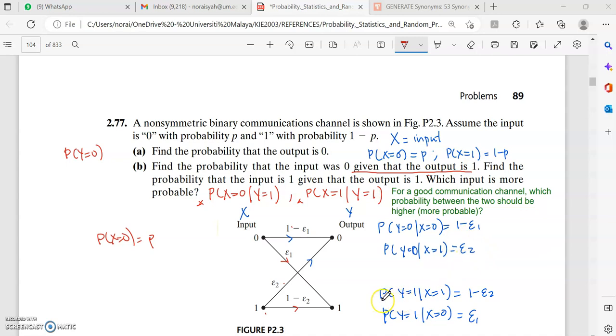Similarly, the probability that you receive 1 given that you send a 1 is 1 minus epsilon 2, and the probability that you receive a 1 given that you actually send a 0 is the probability of error, epsilon 1. So using these values, how do we find the probability that y is equal to 0? You've learned before that we can use the theorem of total probability.